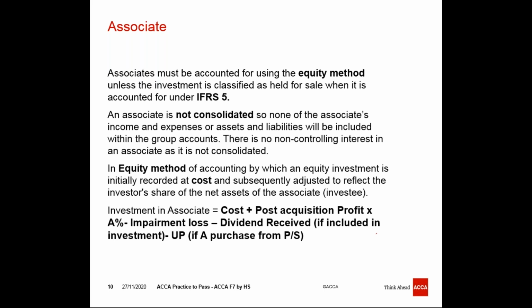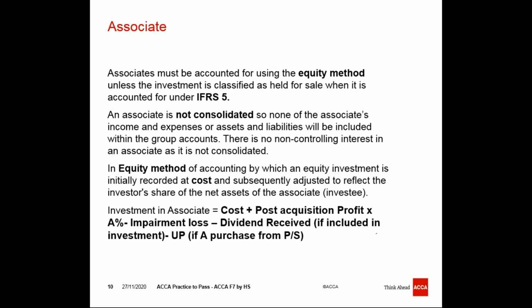Now, how do we measure the associate company under the equity method? First, you have to note down that the associate should not be consolidated. We never consolidate the assets and liabilities and revenues and expenses of the associate company. We only consolidate parent and subsidiary company.